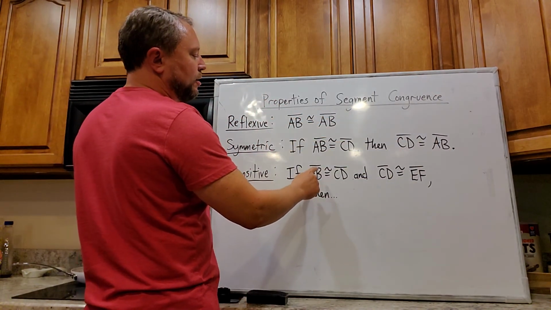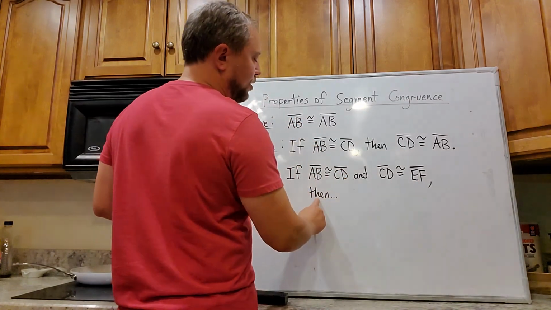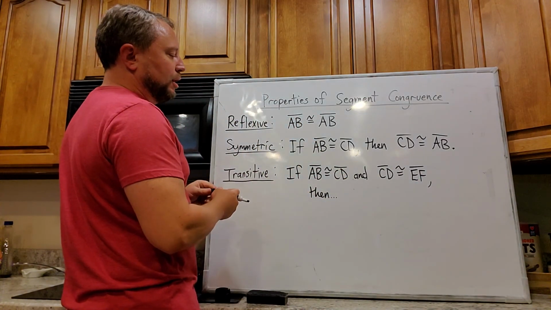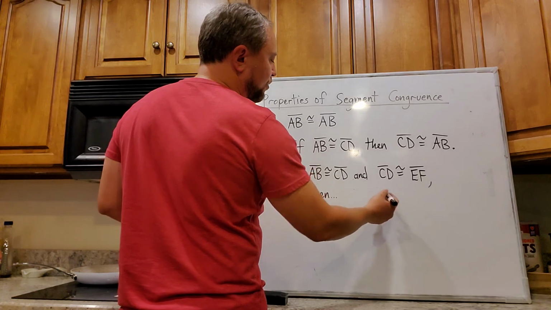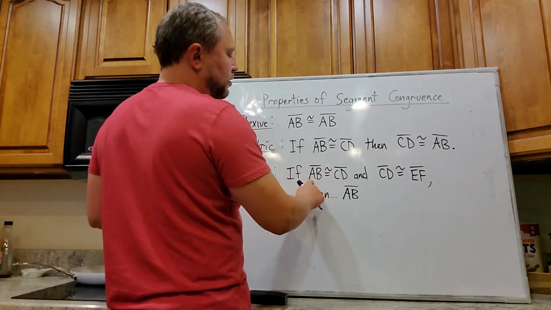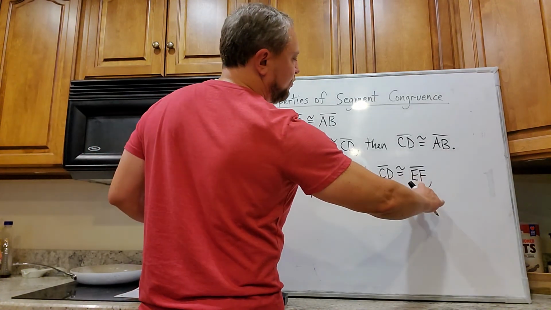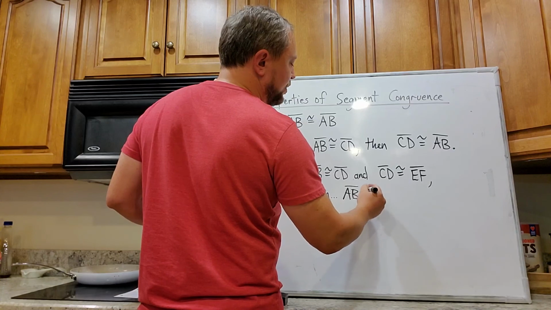So now I say if AB is congruent to CD and CD is congruent to EF, then, have you figured it out yet? The last part of this would read, then the very first segment we named would be congruent to the very last segment we named.